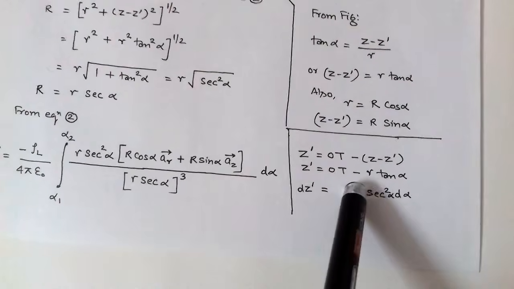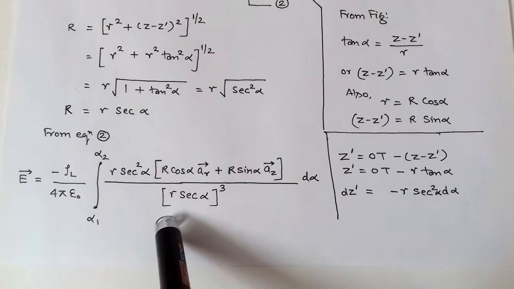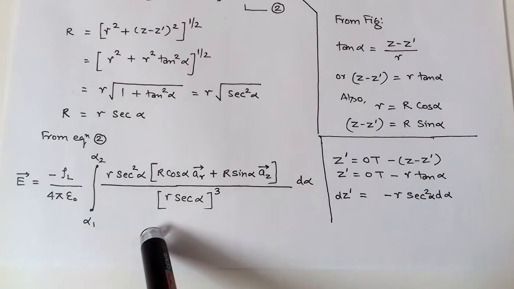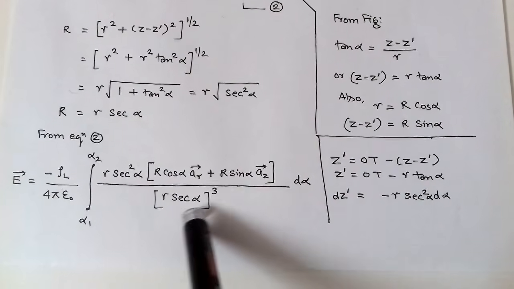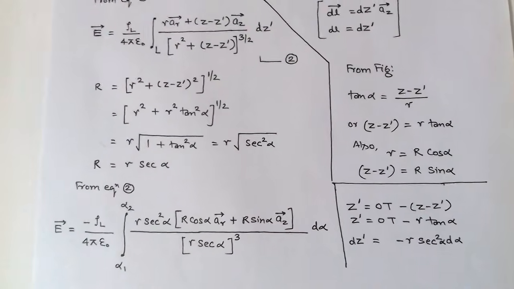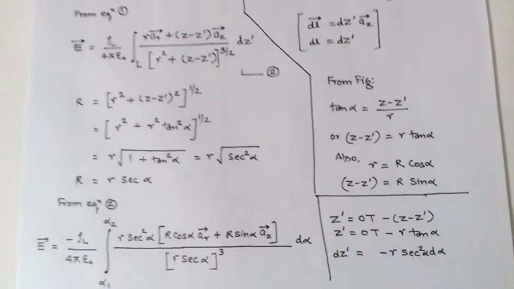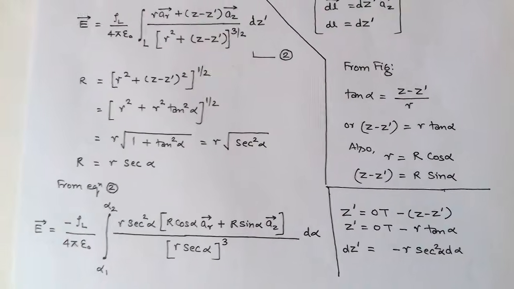So these are the values. After putting this, we get R cos alpha unit vector r plus capital R sin alpha unit vector z upon r sec alpha whole to the power 3. Now first the integration is with respect to dz dash.